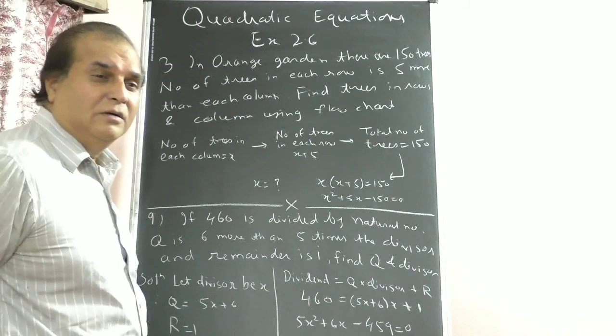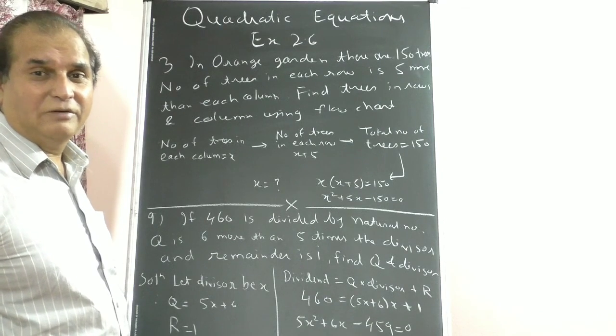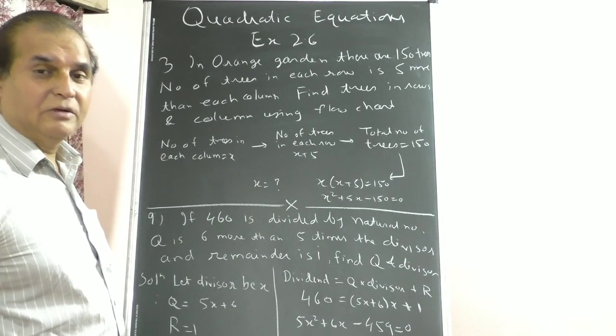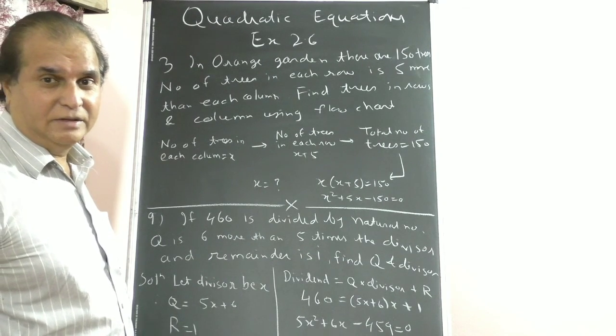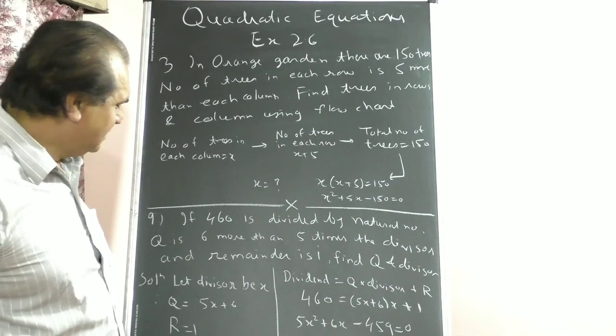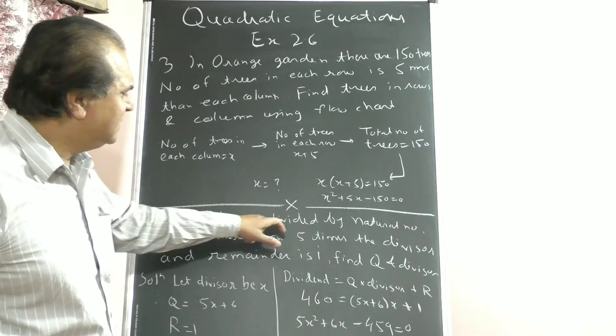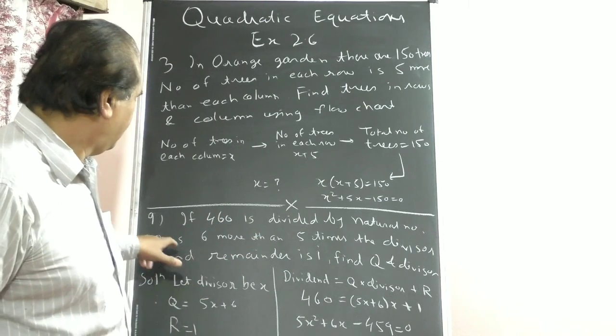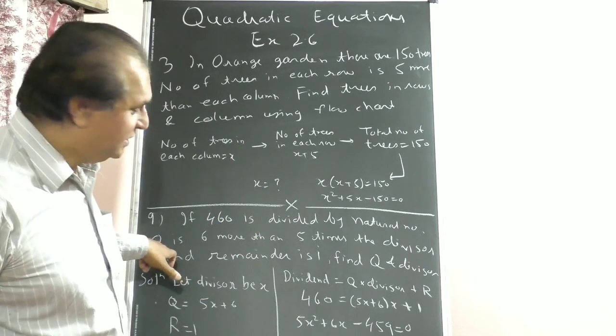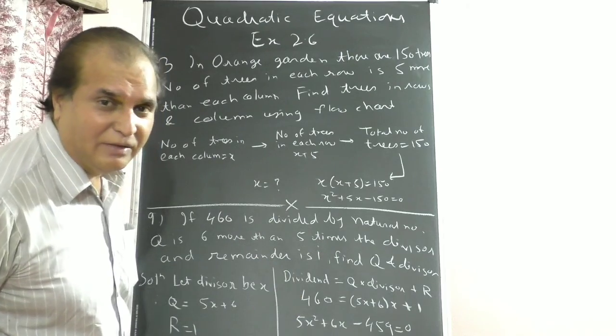You know, division of polynomials you have done. So dividend is equal to quotient into divisor plus remainder. You know this formula. So based on the same formula, if 460 is divided by a natural number, any natural number, let it be X. The quotient Q is 6 more than 5 times the divisor.